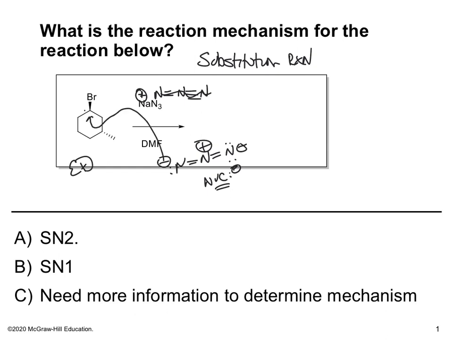And we do a backside attack because this is a secondary alkyl halide. And that would be inversion of stereochemistry. And so that's an SN2.